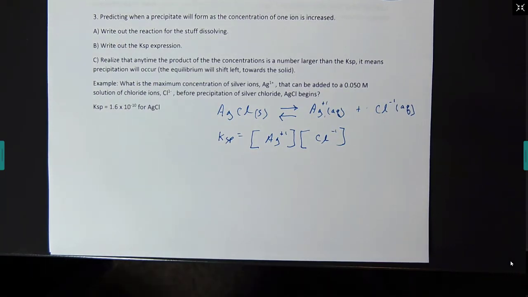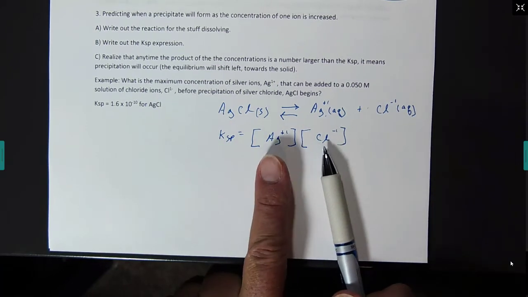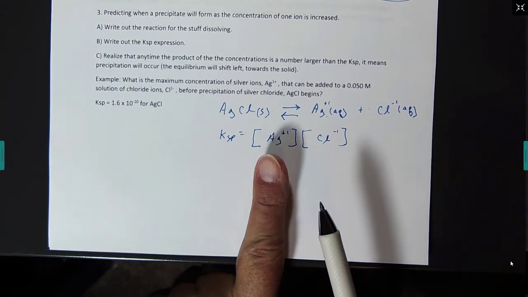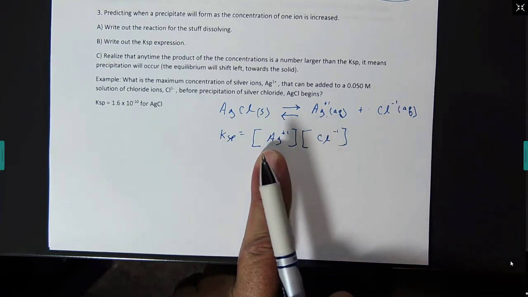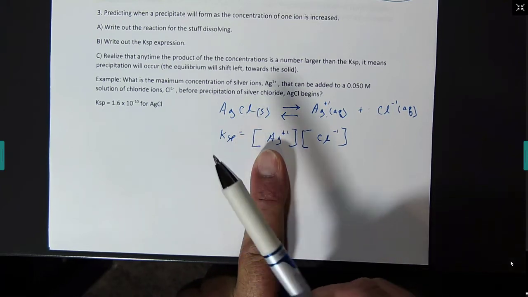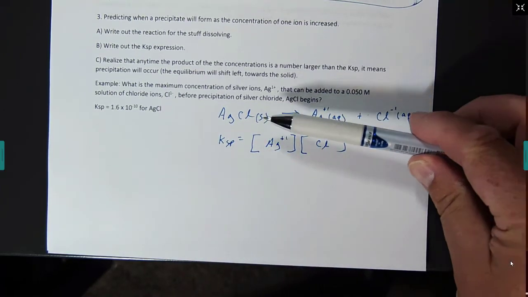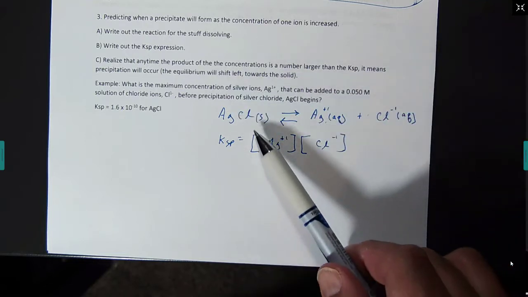The big thing is to realize that anytime the product of these two numbers, this concentration multiplied by this concentration, is greater than Ksp, it means the equilibrium is shifting to the left. You're making a precipitate.